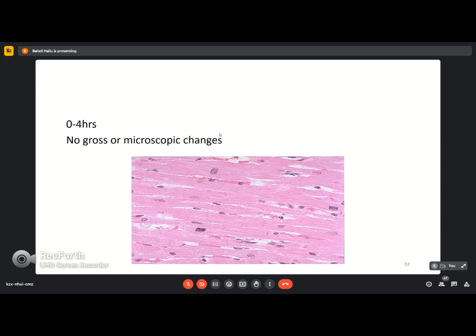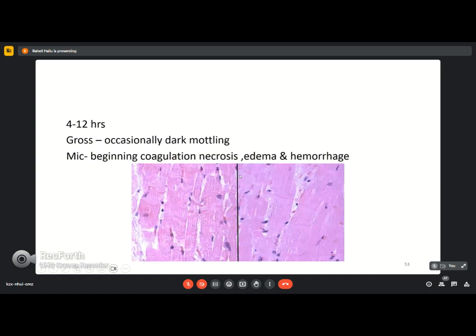So within the first 4 hours, you would not really appreciate gross or microscopic changes. This was basically the normal heart. But after 4 to 12 hours, you would see occasional dark mottling, which is like a kind of hyperemic or spotty response. And that shows the beginning of the coagulative necrosis.